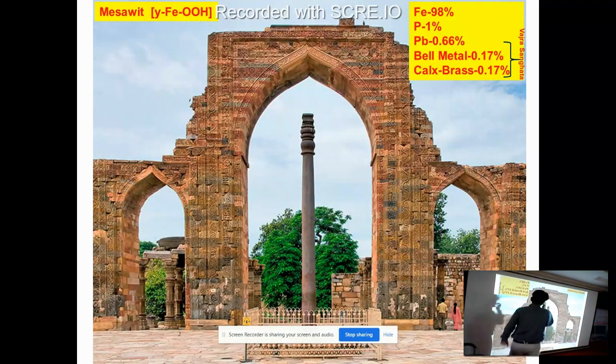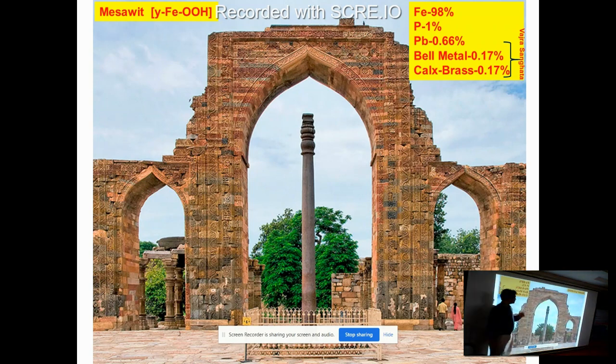So look at here. You might know this. What is this? The iron pillar, which is located in New Delhi. A very famous iron pillar. Whenever people go to Delhi, they visit this iron pillar.